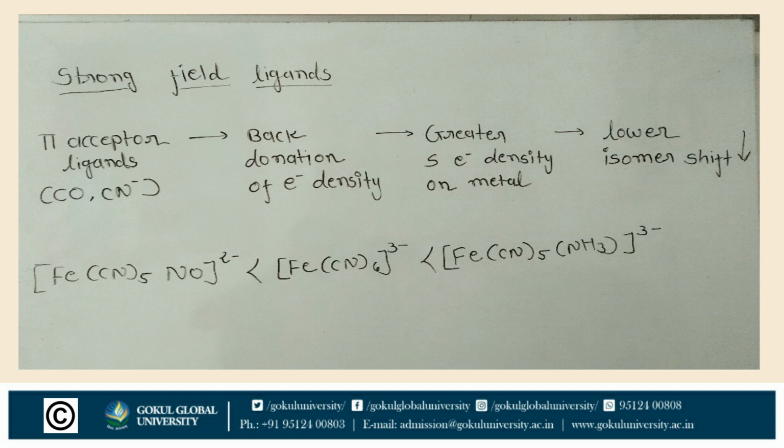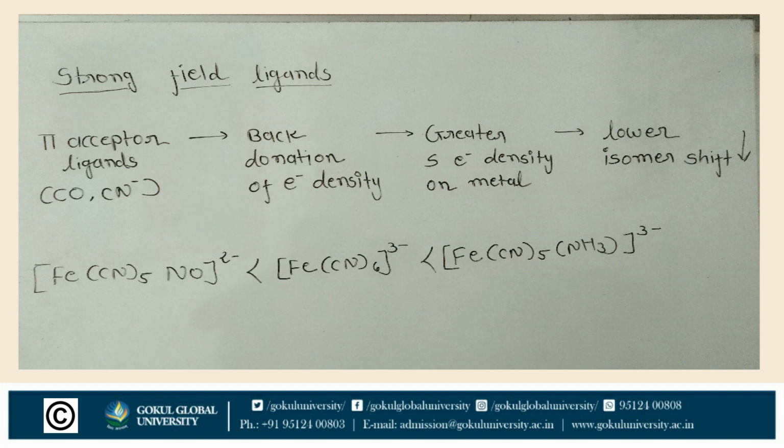The electron density can be back donated from the metal to the pi acceptor ligands. So there will be a decrease in the d electron density because it is back donated to the ligand, so the s electron density will increase on the metal, hence the isomer shift will decrease.